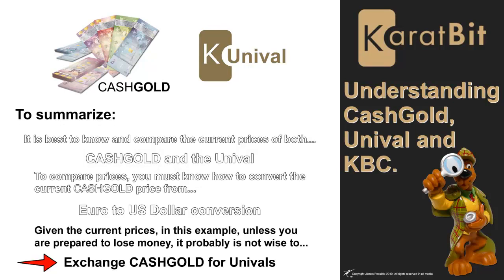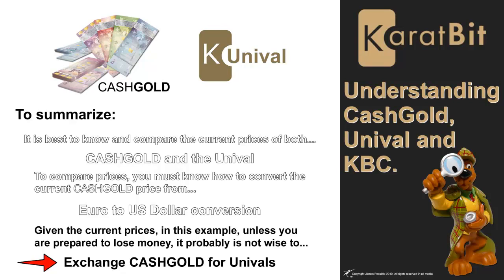Then, given the current prices in this example, you have to compare the current value of your Cashgold to the current value of the Univals. Now, there are other pieces to this puzzle, but I'm just talking about the cash value in US dollars, Cashgold, Unival.